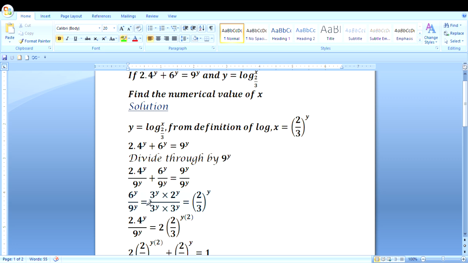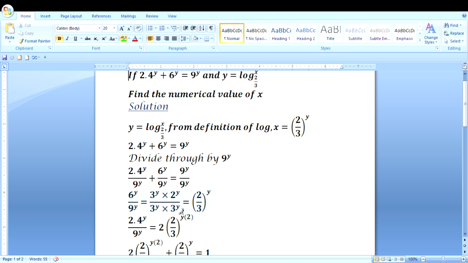Similarly, this expression 6 raised to power y over 9 raised to power y can also be expressed as follows: 6 is 2 times 3 or 3 times 2, while 9 is 3 times 3. Remember, from the law of indices, this power has to affect everything within the bracket. So this one means 3 raised to power y times 2 raised to power y, which is the same thing as 6 raised to power y. So 9 raised to power y is the same thing as 3 raised to power y times 3 raised to power y.